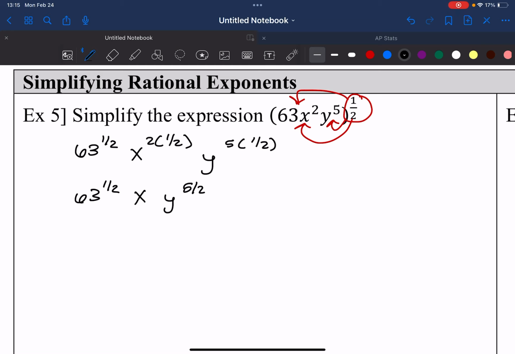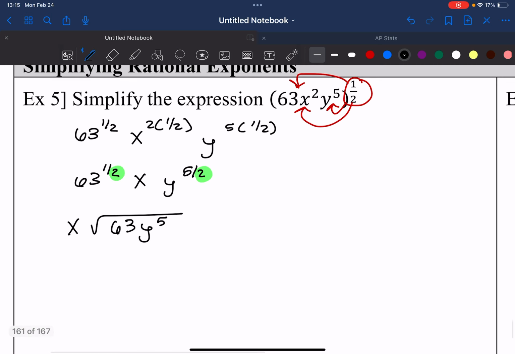So we would convert this, and since they both have that denominator of 2, that means they're under a square root. So right now we have x times the square root of 63y to the 5th power. Okay, so we would have to simplify this.